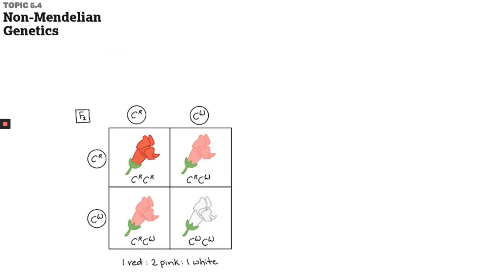Another one is called incomplete dominance. Incomplete dominance is a situation in which neither allele is dominant over the other.